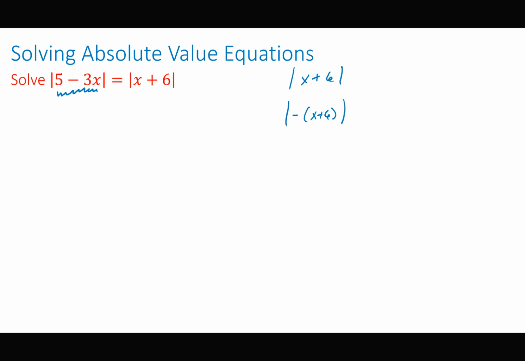And be very deliberate with your parentheses on there, because I want a negative of all of that. Do not write this as negative x plus 6. It's a negative of all of that. And so really this is negative x minus 6.